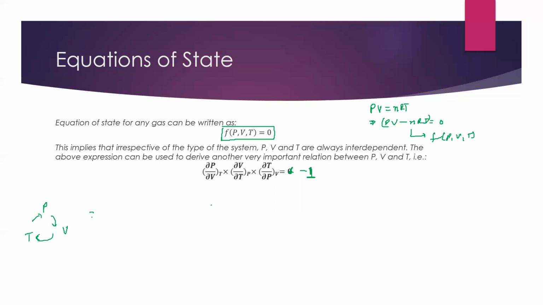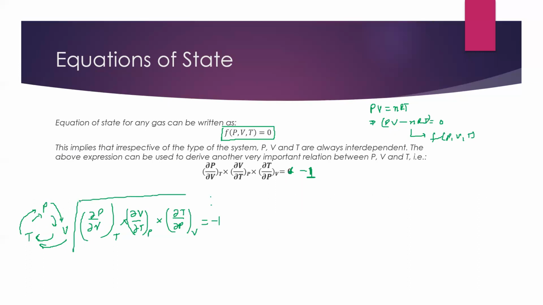So dou P by dou V, keeping temperature constant, into dou V by dou T, keeping pressure constant, into now dou T by dou P, keeping volume constant, can be written as -1.